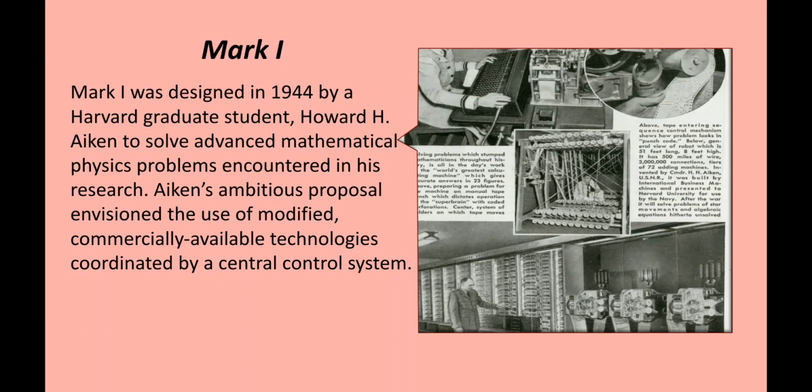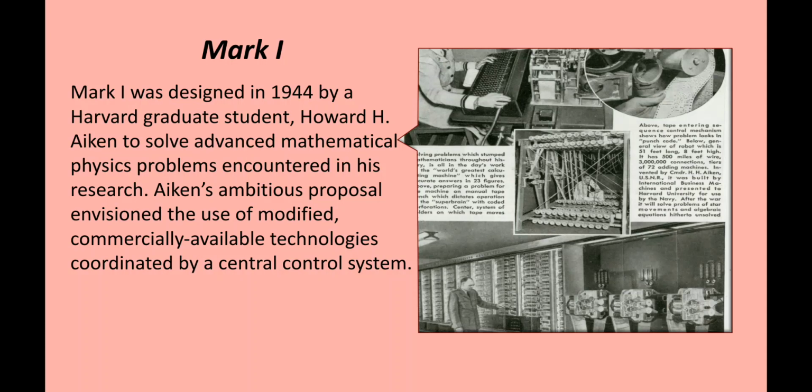Aiken solved the advanced mathematical physics problems encountered in his research. Aiken's ambitious proposal envisioned the use of modified commercially available technologies coordinated by a central control system. So this was about the Mark 1.